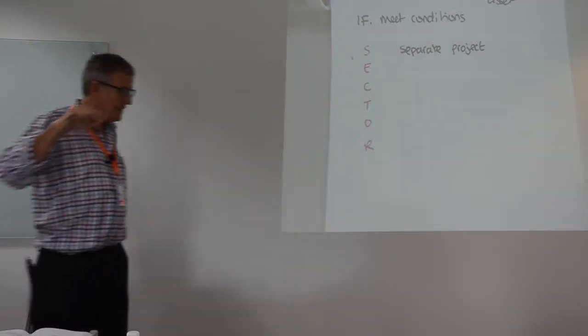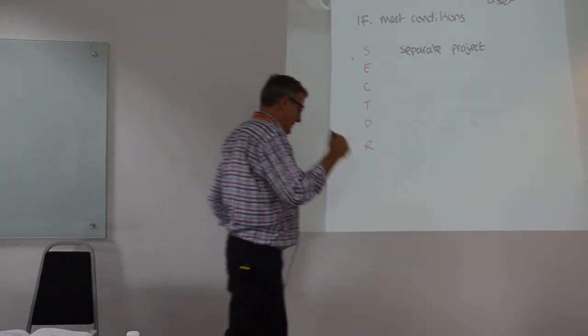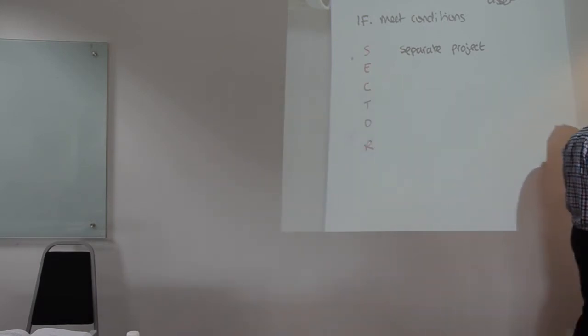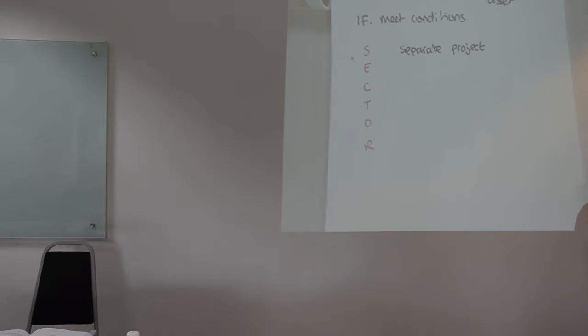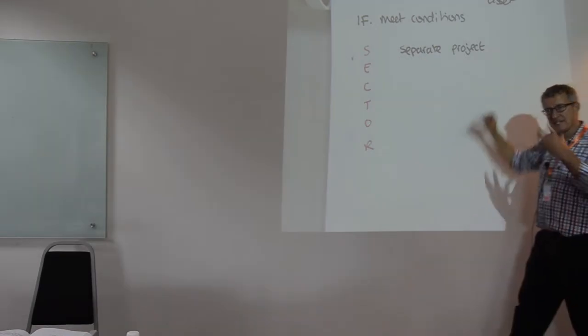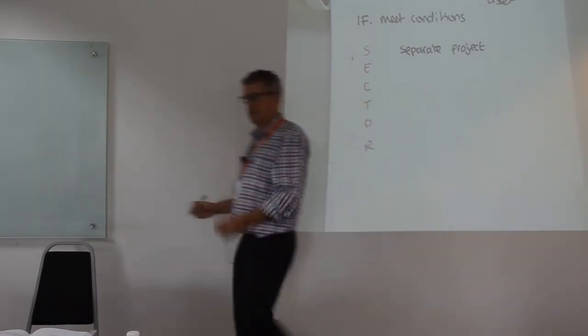If you're going to capitalize expenditure on development, you need to know that we're developing a drug or a car. There has to be a project. You can't just be doing it in a very abstract sense. There's a very specific thing that we're doing. There is a separate project.